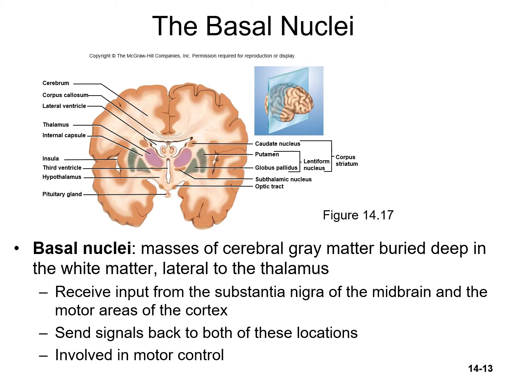The basal nuclei are going to be highlighted in these various colors here. So they receive input from the substantia nigra of the midbrain and the motor areas of the cortex. They send signals back to both of those locations, and they are involved in motor control. So controlling muscle movements.